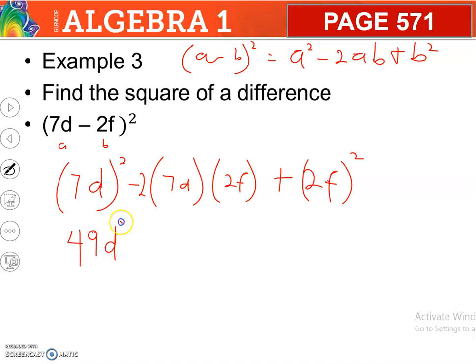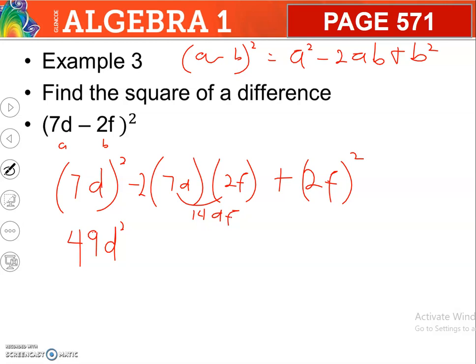Now in simplifying, we're going to have 49d squared, and 7 times, we can simplify 7d and 2f. We are going to have 14df, and we'll multiply it by 2.